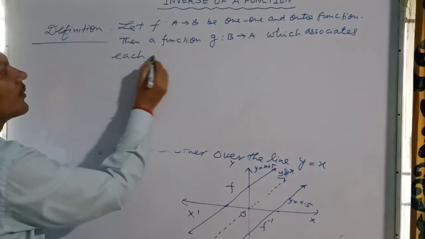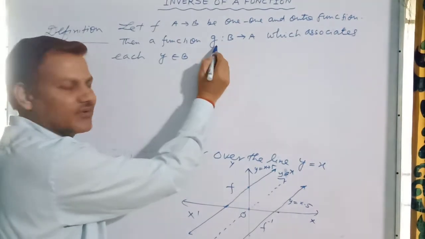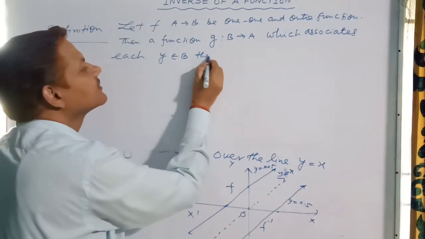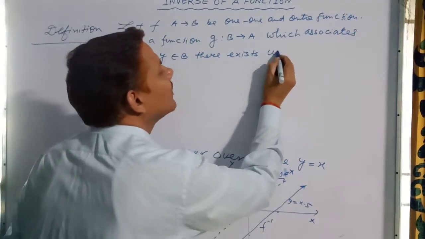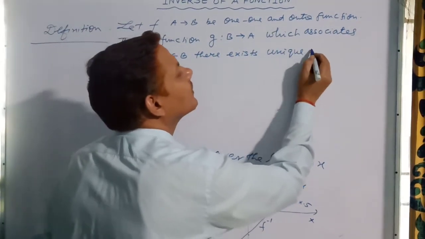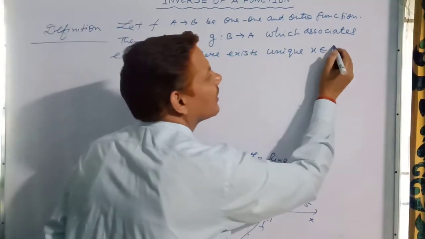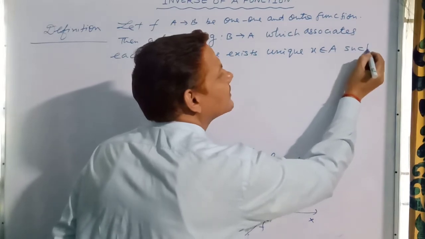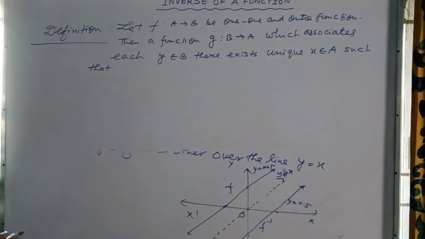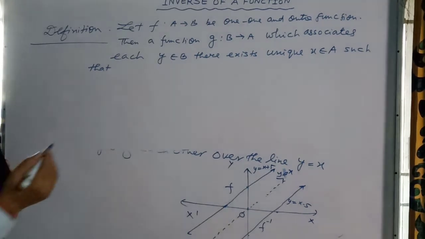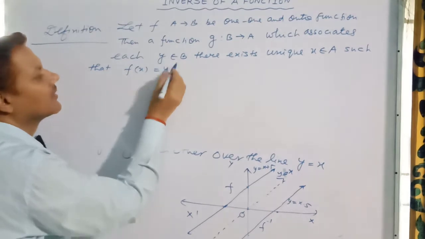each y to be the element of B. Since it works as domain for Z, there exists a unique x, in which set? In the codomain. It is in set A, such that f(x) equals y.